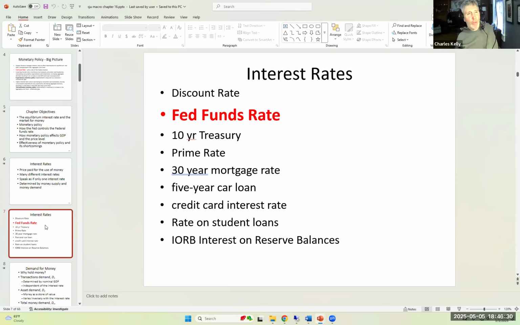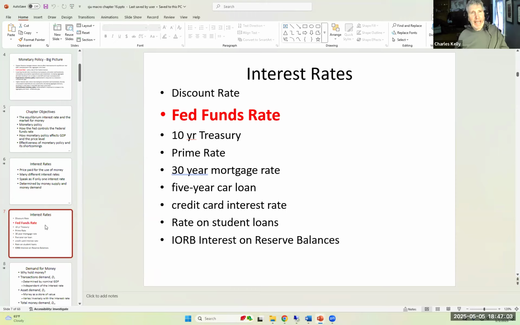The last one, you know, the newest tool of monetary policy: if the Fed wanted to today increase borrowing or incentivize borrowing by lowering interest rates, they would reduce the amount of interest that the Fed currently pays on reserve balances that banks are holding at the nation's central bank, at the Fed.